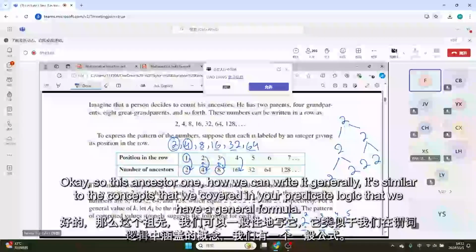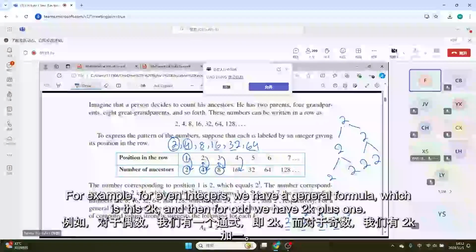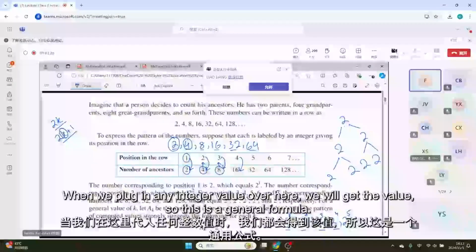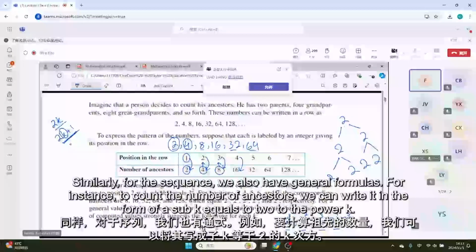So how can we write this ancestor sequence generally? It's similar to the concepts that we covered in predicate logic, where we have a general formula. For example, for even integers we have the general formula 2k, and for odd integers we have 2k plus 1. When we plug in any integer value, we get the value. So this is a general formula. Similarly, for a sequence we also have general formulas.